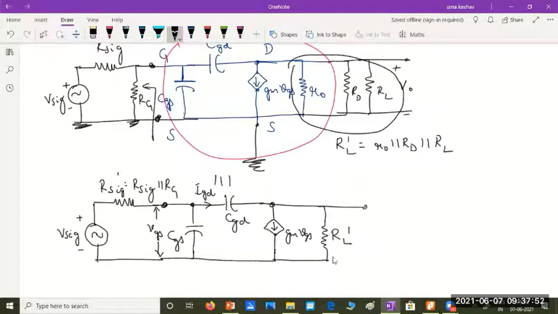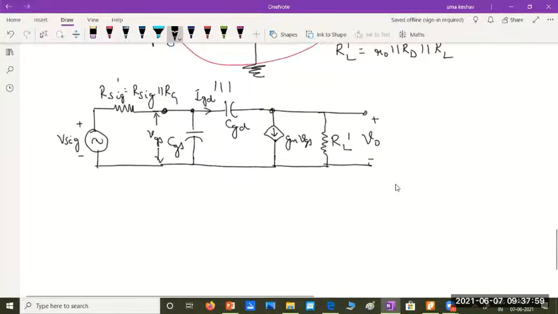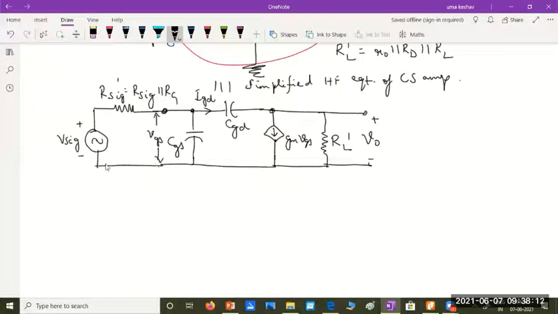And the output voltage which we have to measure is across this RL dash. So what did we do? We got the simplified high frequency equivalent of the common source amplifier. And this part is grounded.